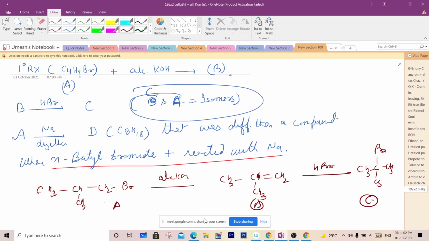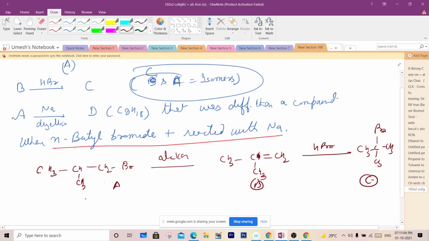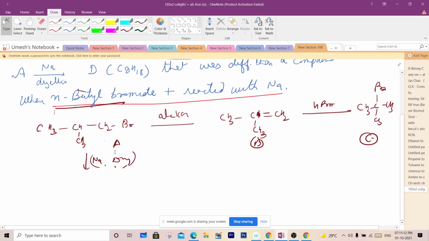Okay. Now, if you go for sodium with dry ether, it will be a different product from that obtained from n-butyl bromide. Two such molecules will combine together, one this part, another this part. Yes or no?